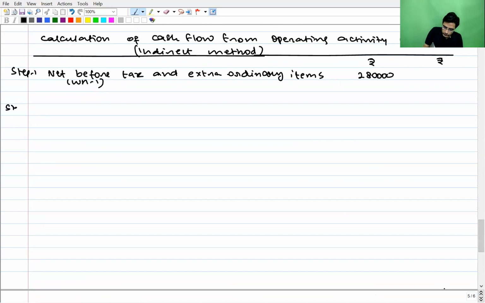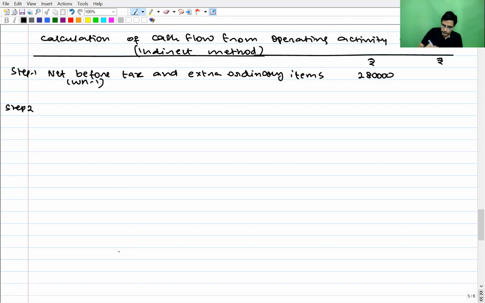Now step number 2. Adjustments for non-cash items and non-operating items.